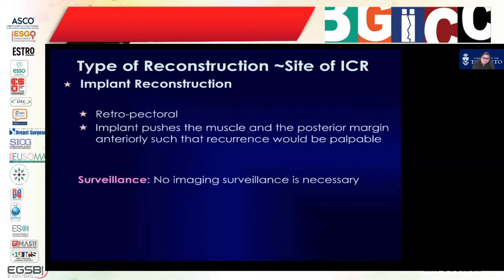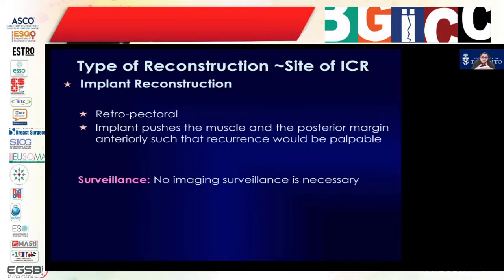Let's look at implant reconstruction. As we know, implants can be retropectoral or prepectoral, but in women with reconstruction for mastectomy, they're always retropectoral because there's no breast tissue to hold the implant. There's no breast pocket to hold the implant. So they're usually placed behind the pectoralis muscle. What that does is push the pectoralis muscle, and whatever residual tissue is left on top with the skin and a little bit of subcutaneous tissue, out by the implant, so that if any mass develops, it would immediately be palpable.